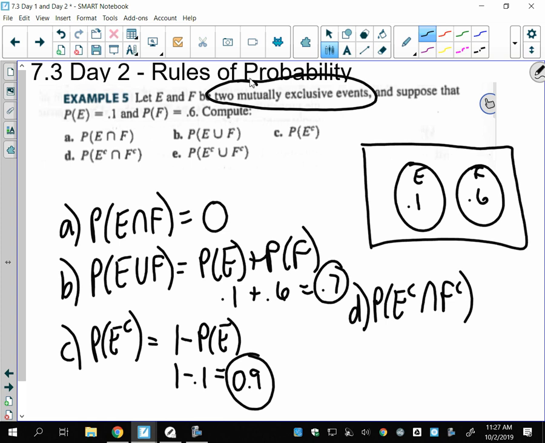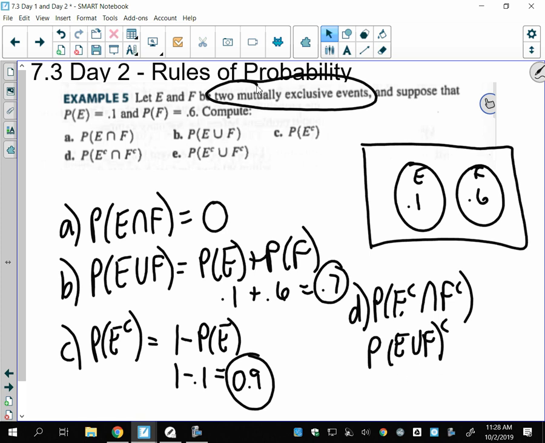In De Morgan's law, we learned that E complement intersect F complement is the same as E union F complement, and that's going to be a lot easier to compute. I'd like you to think about how we could compute this if you didn't remember this.